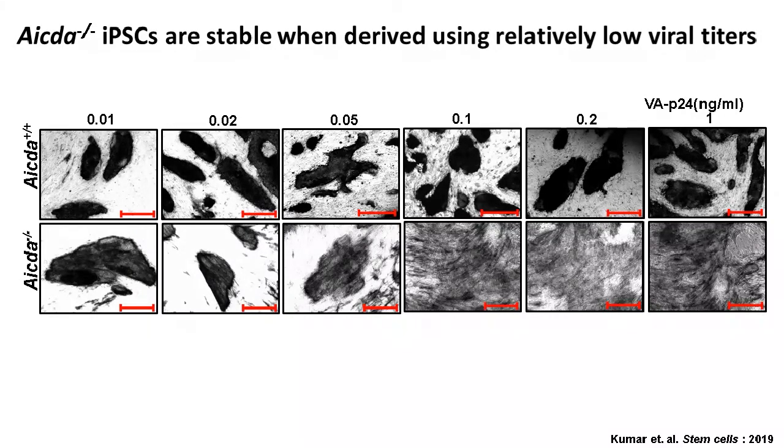As you can see on your left-hand side, when I use lower titers of lentiviruses expressing the 4 Yamanaka factors, AID knockout cells can be stabilized, as displayed by colony morphology and the expression of alkaline phosphatase. However, at higher viral titers, AID knockout cells fail to stabilize as pluripotent cells.